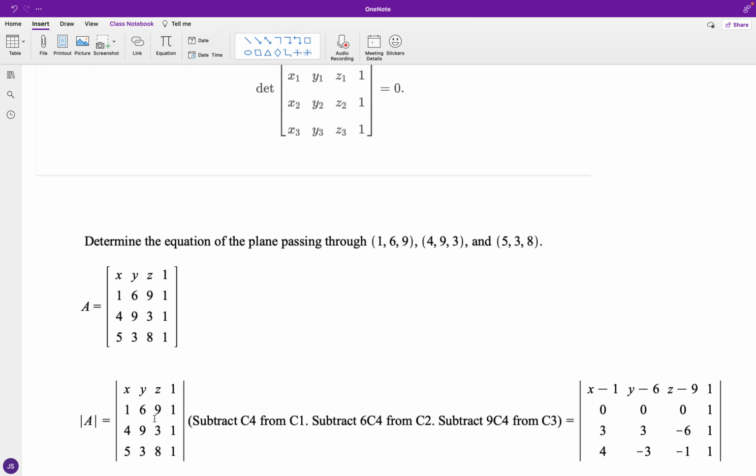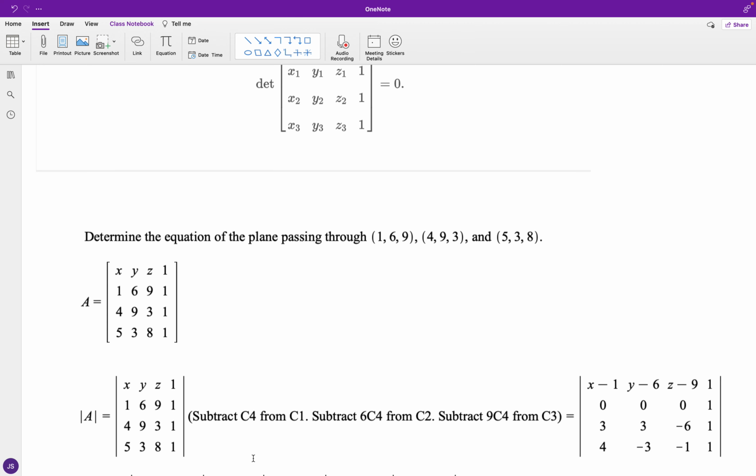What I can do here, in correspondence to the last column, is 1 minus 1 is 0, 6 minus 6 is 0, 9 minus 9 is 0. So I'm going to be taking each item in the last column and subtracting directly from the first column, and then take 6 times the last column values from the second column and 9 times the last column values from the third column.